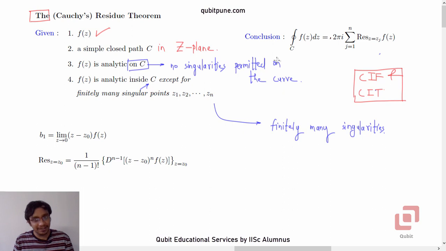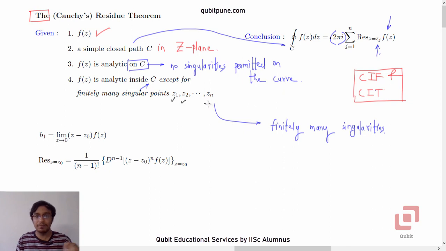Now the conclusion of the residue theorem is this. If we are interested, of course we are, in finding the integral of f of z along that simple closed path C, it is given by multiplying 2 pi i by the sum of the residues of the function f of z at all the singularities which are inside C. So we will find the residue at z1, we will find the residue at z2, we will continue this till we reach zn.